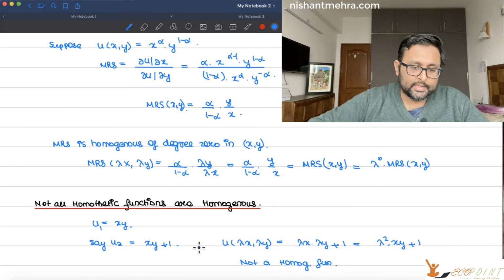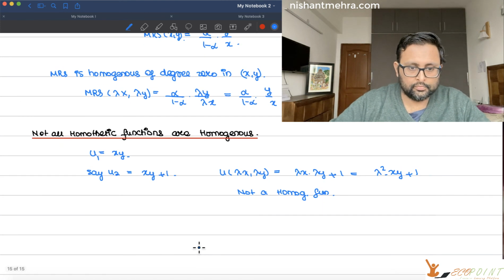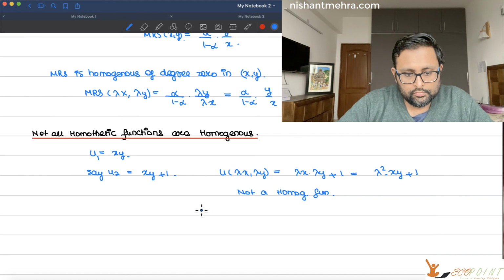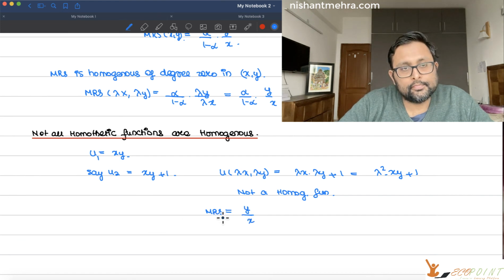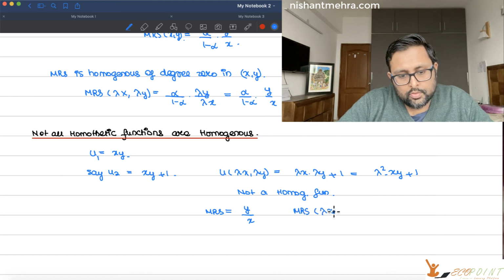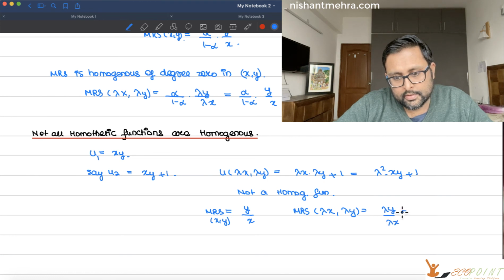But if you look at the MRS for this, what is del u by del x? Del u2 by del x is y, and del u2 by del y is x. Now it's simple. This you know already, and this is a function of x and y. So MRS at lambda x, lambda y would be lambda y upon lambda x.